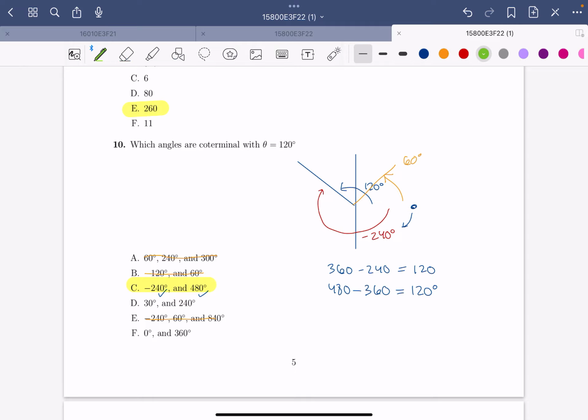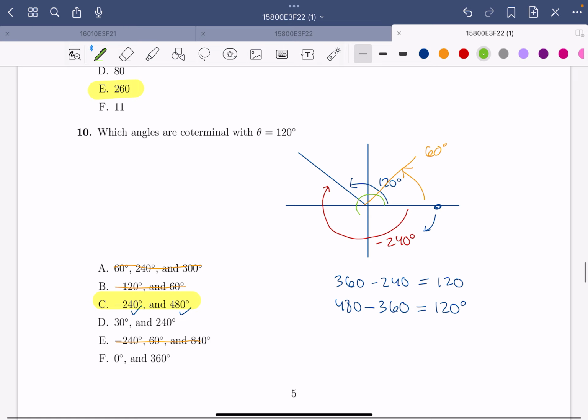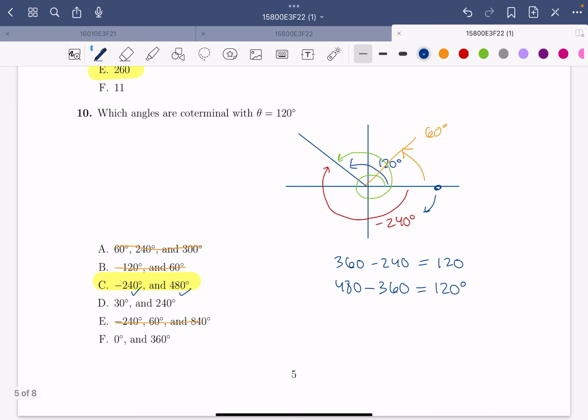If I draw it the right way around, we can actually see that it goes like this. So this is 360 plus another 120, and it goes back to 120. So remember, your negative angles go clockwise, and your positive angles go counterclockwise. So our answer is C.